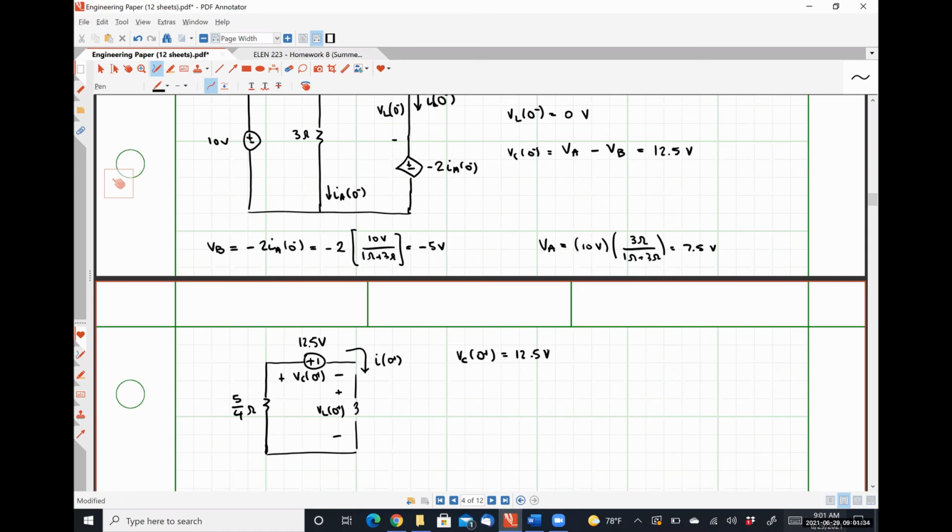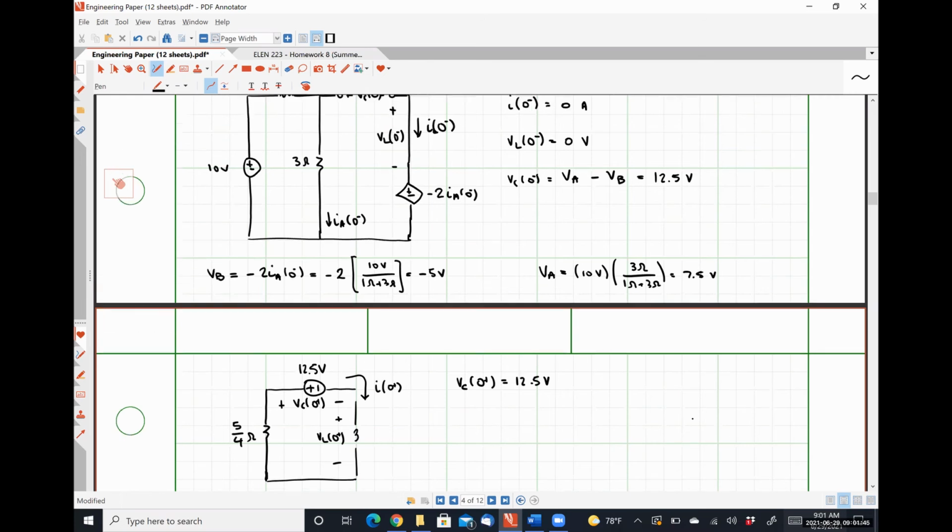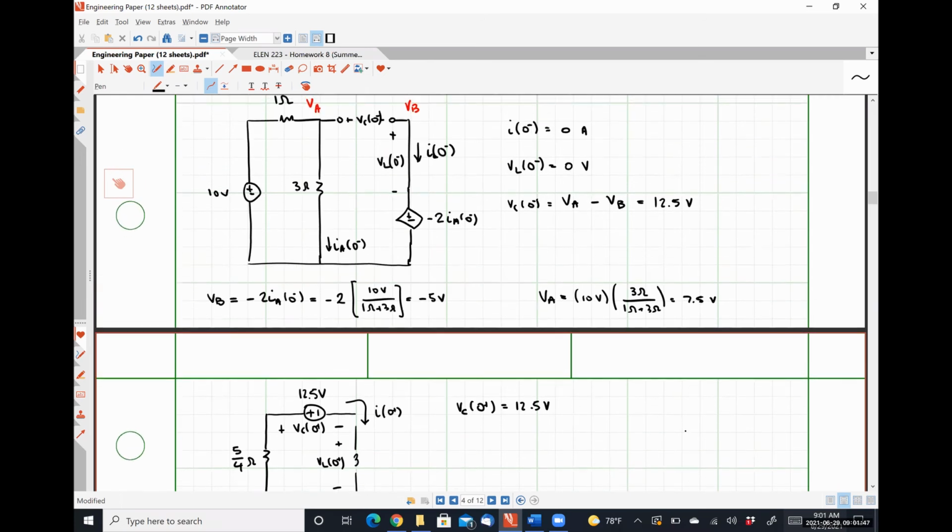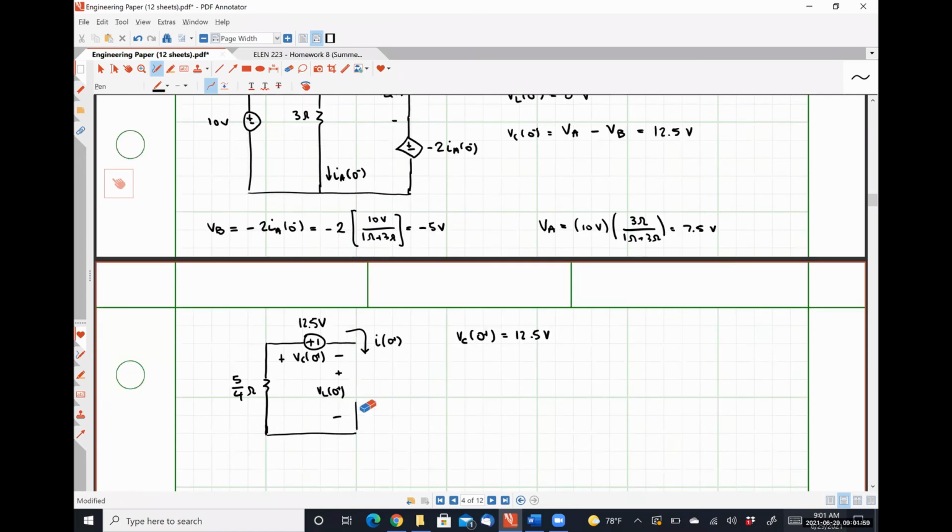What are we replacing our inductor with? Pardon? So we know that we have a current of 0 amps, right? Open circuit, absolutely right. So we want to force the inductor to carry 0 amps, which means we need to replace it with an open circuit.